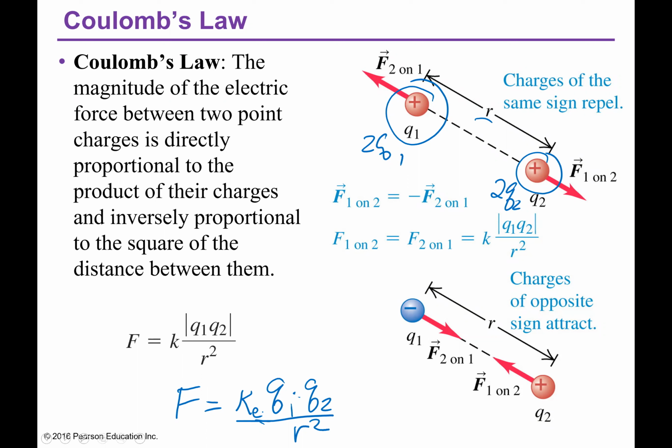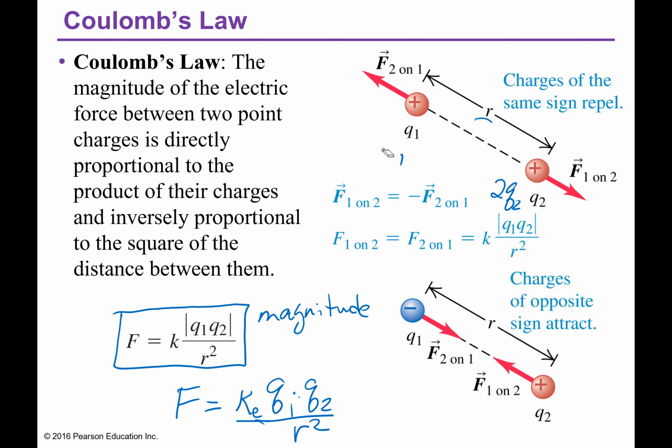All right, so this equation is known as Coulomb's force equation, and this is for the magnitude of the forces between two objects. One of the things we have here is that this force is also an example of Newton's third law.